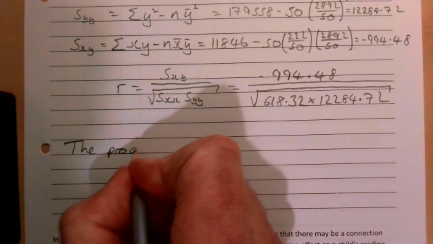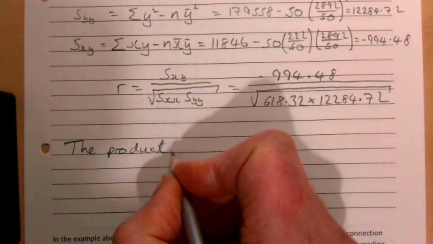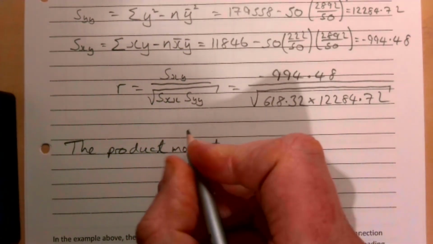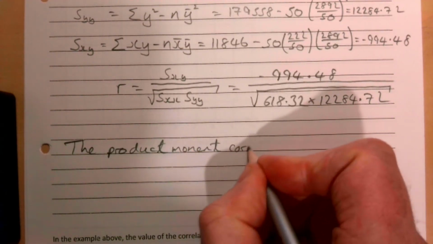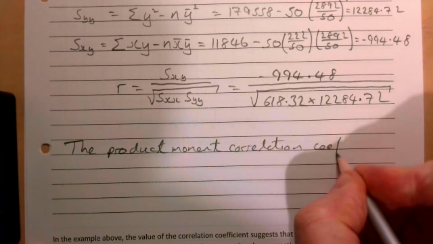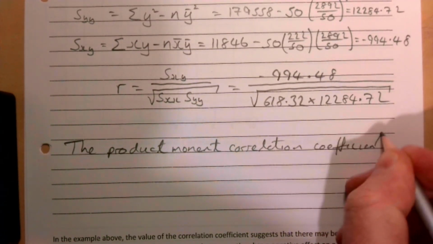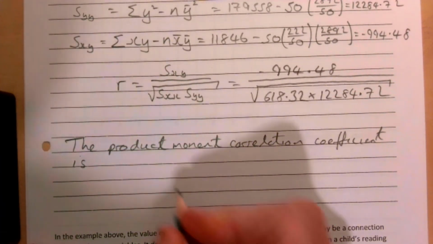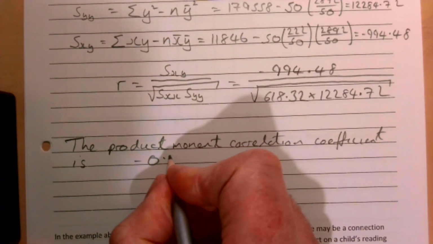the product moment correlation coefficient is minus 0.3608.